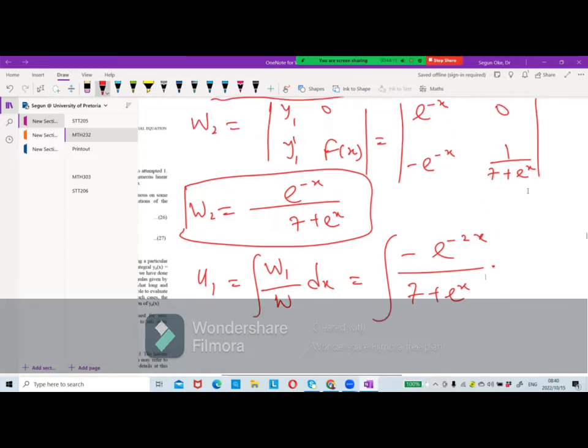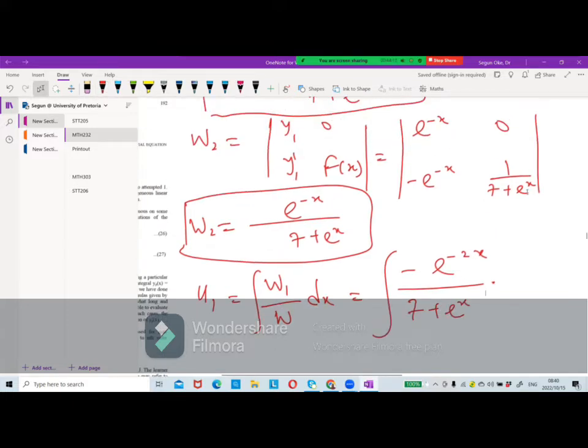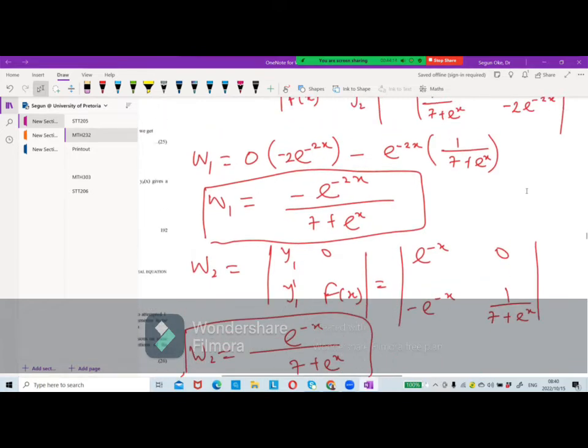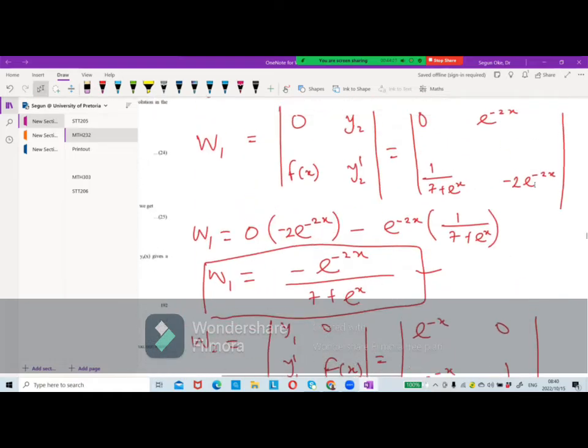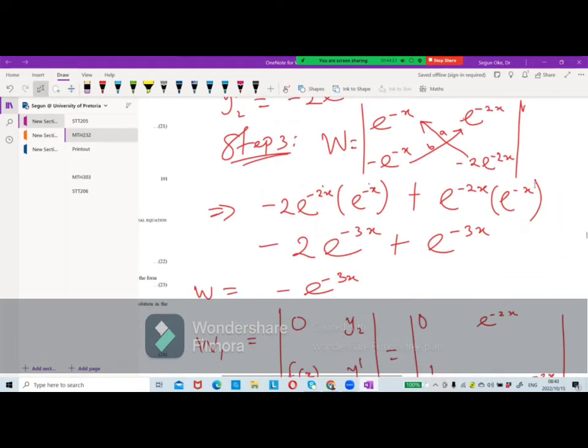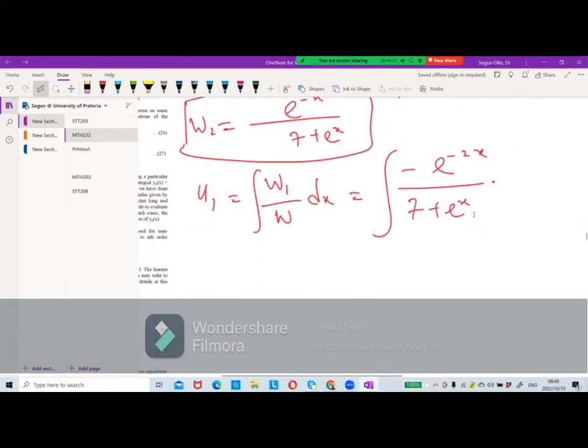Are we together? Yes, sir. Remember, what is W1? W1 is this one. Then what is W itself? W is what? Minus exponential minus 3. Remember, it's supposed to be divided. Let me just divide it. Divided by minus exponential minus 3, everything dx.